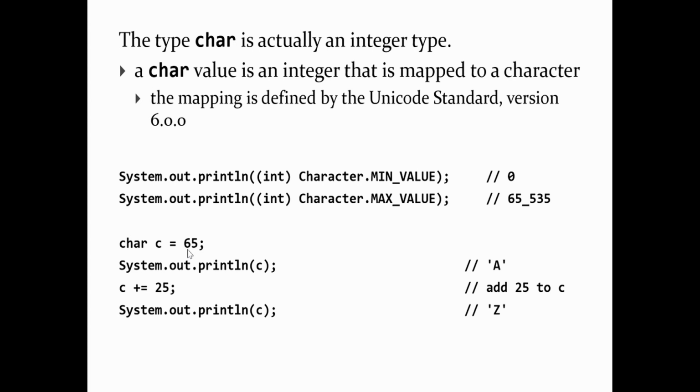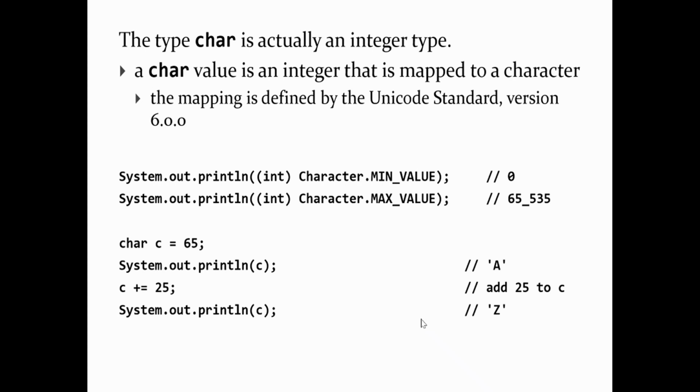If I write down the number 65 and store that in a char, Java's perfectly happy with it. If I print it, Java prints out the uppercase A. The mapping used in Java maps the number 65 to the uppercase letter A. The number 66 is uppercase B, and so on through uppercase Z.